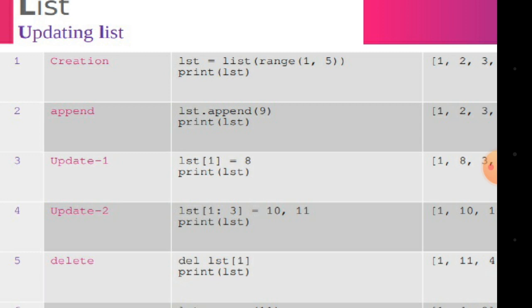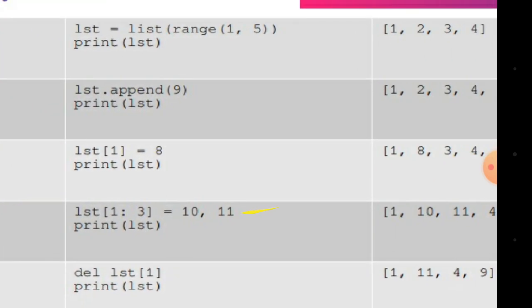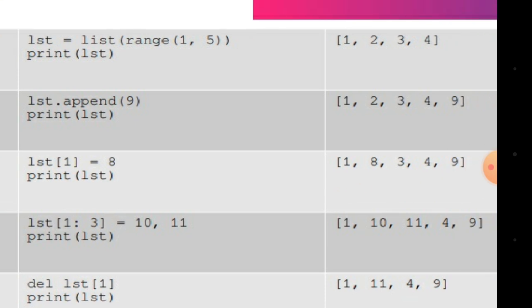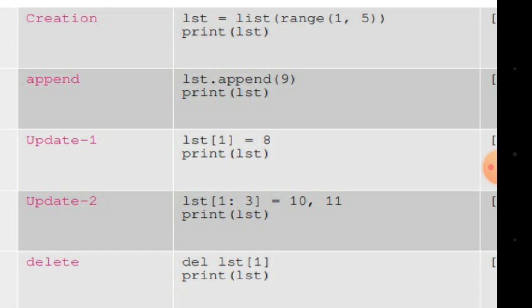Then update: if we want to replace a number, we simply give the list name plus the indexing value. If we want to store this 8 at one index in the list, we write list in brackets, give the index value, equal to 8, so it gives you 1 8 3 4 9. In this example we can see the 2 is replaced by the 8 because we are updating now. So this can be used as an updating method.